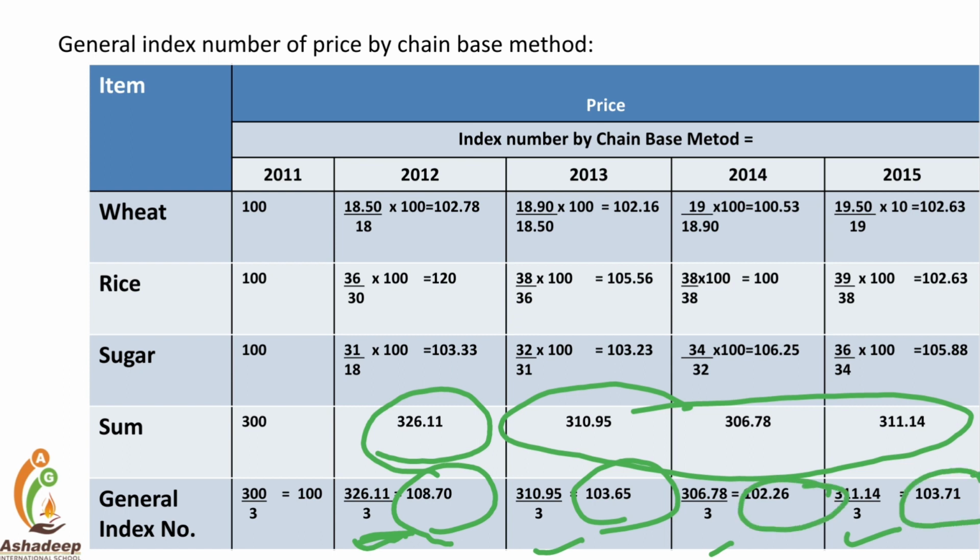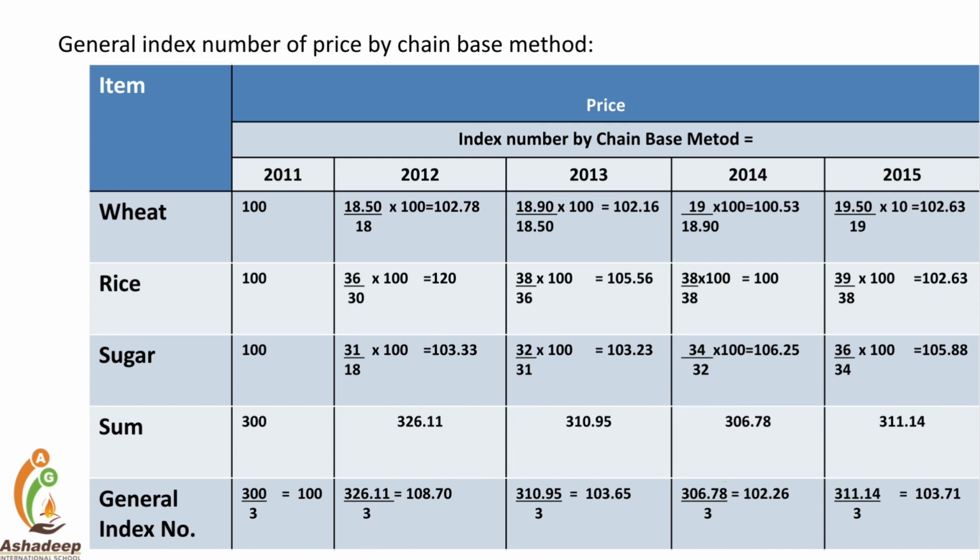If we want to know the general index number for these items in 2011, we can say that it is 100. What is the general index number for 2012? That is 108.70. And what does it indicate?